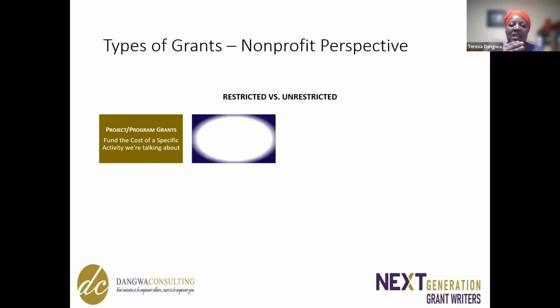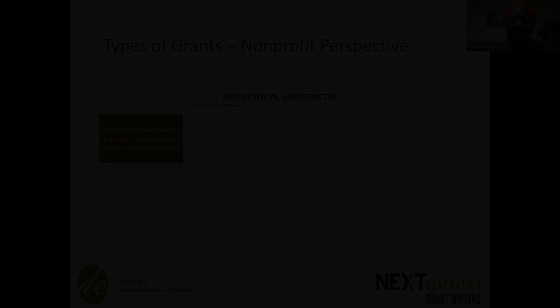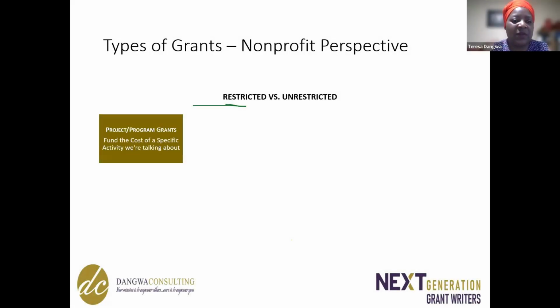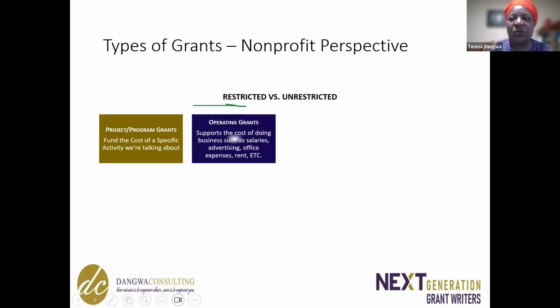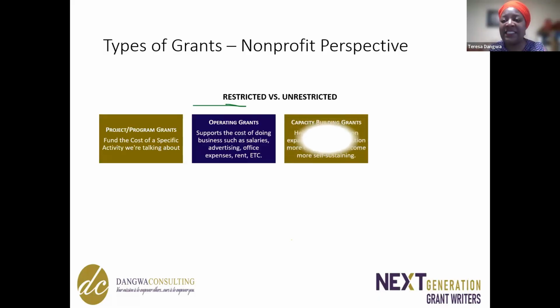Okay, so we have restricted grants and unrestricted grants. So we have program grants, where you want to start an after-school program, and within that program you have different activities that you need to do. That program can also fund the staff, particularly staff that are directly linked to the project.